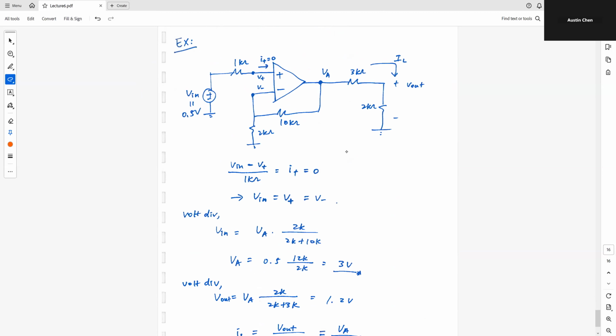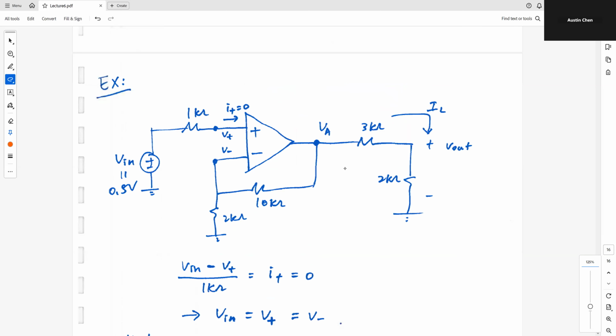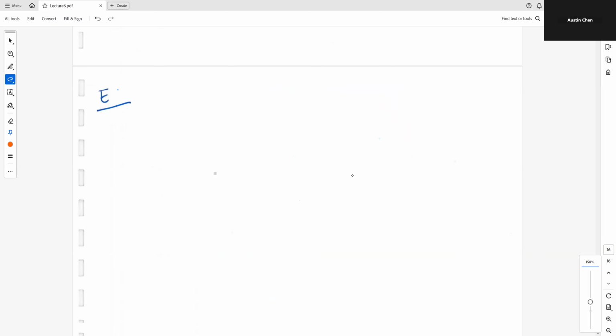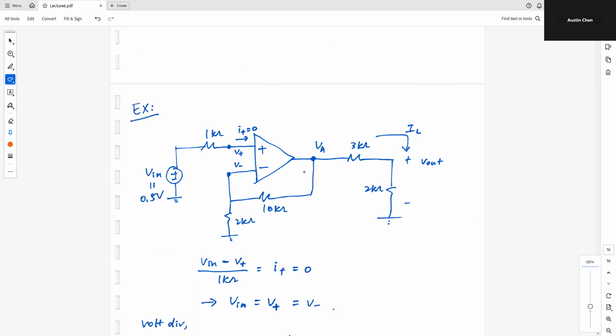One more example, a numerical example here. Let me zoom in here. The topology shows that I have my input signal going into a positive terminal.